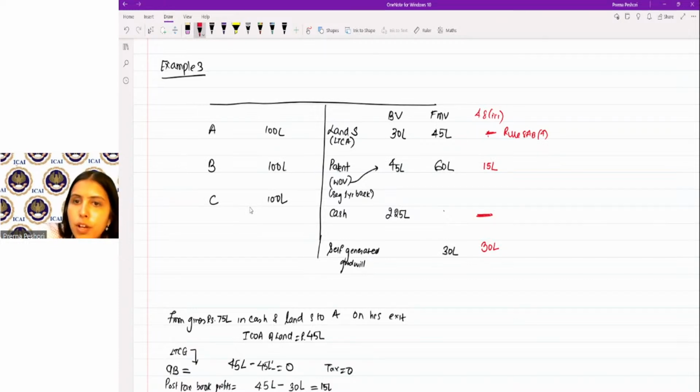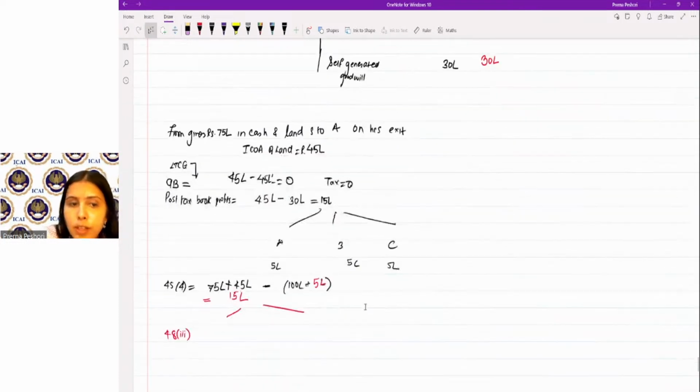So in the ratio of 1:2, 15 lakh is to 30 lakh, right? So in the ratio of 1:2, to the patent, this is 5 lakh, and to the goodwill, this is 10 lakh. So 5 lakh and 10 lakh.